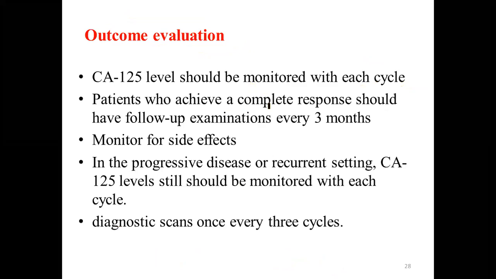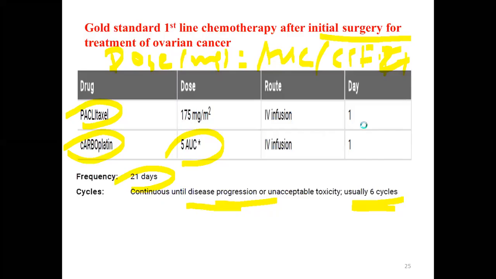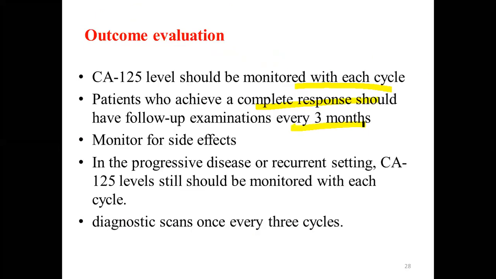Okay, now how do we assess the outcome? CA125 should be monitored with each cycle so that we can see the response. Patients who have achieved a complete response should be followed every 3 months, as I mentioned in the diagram, for a minimum of 5 years.